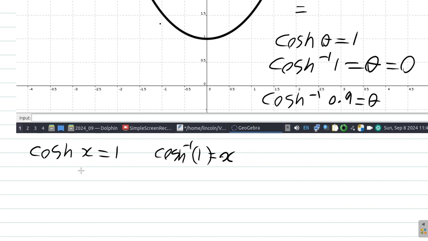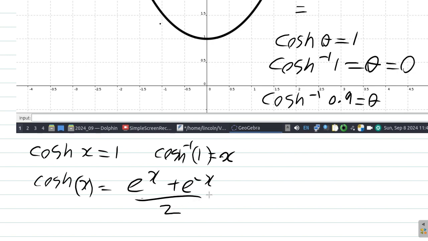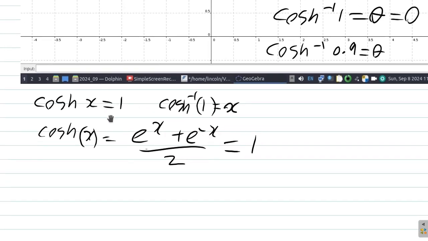Now, the cos of x is equal to e to the x plus e to the negative x over 2, and that is equal to 1. So let's find out what x is, what the angle is. Well, we found it to be 0 before, but let's play around with this and see.